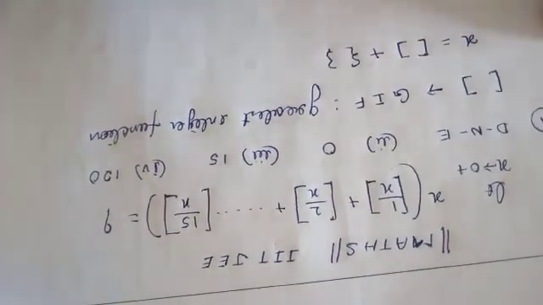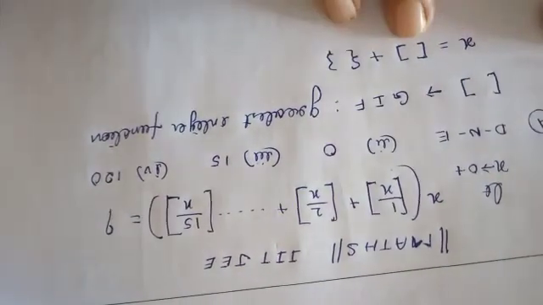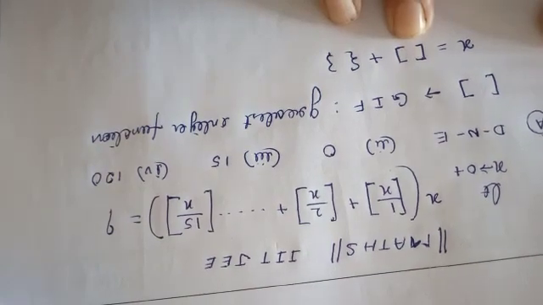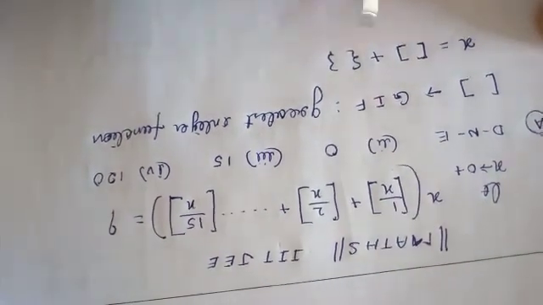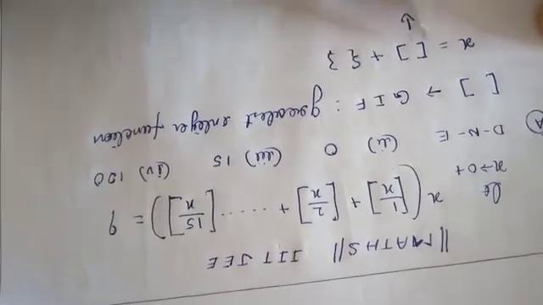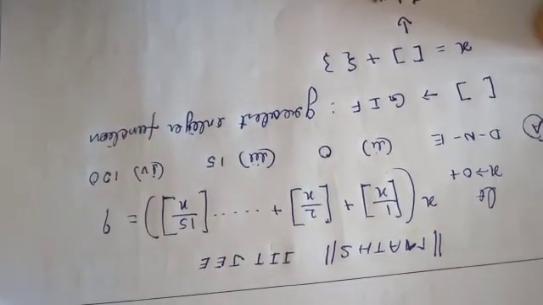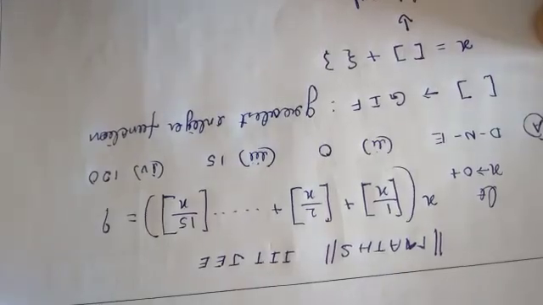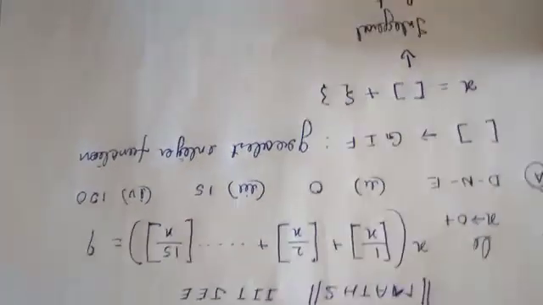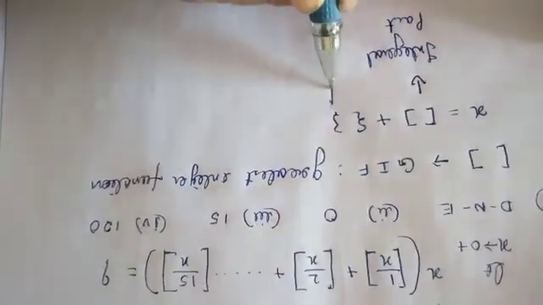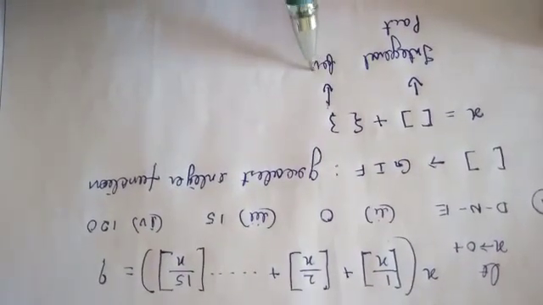So this is the number, this is said to be the integral part, and this is the fractional part. This sign denotes the integral part, and this one the fractional part.